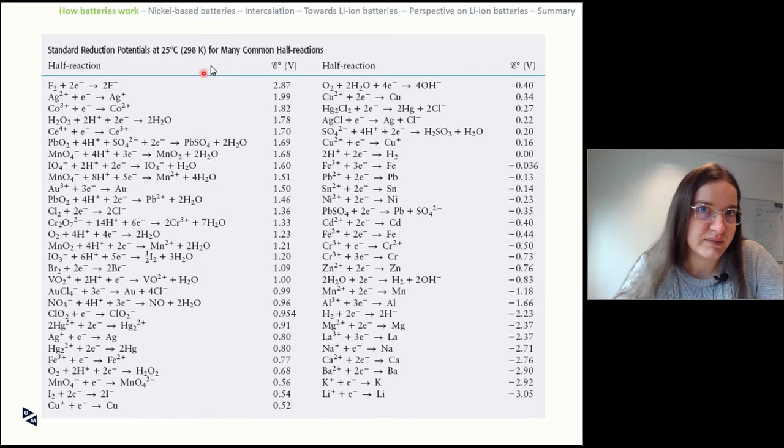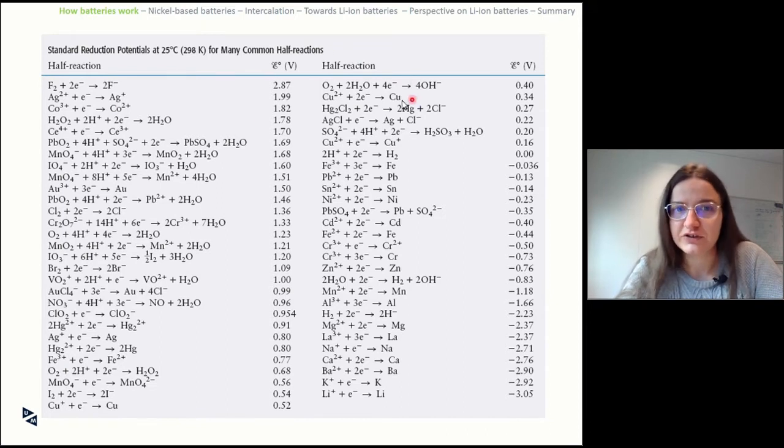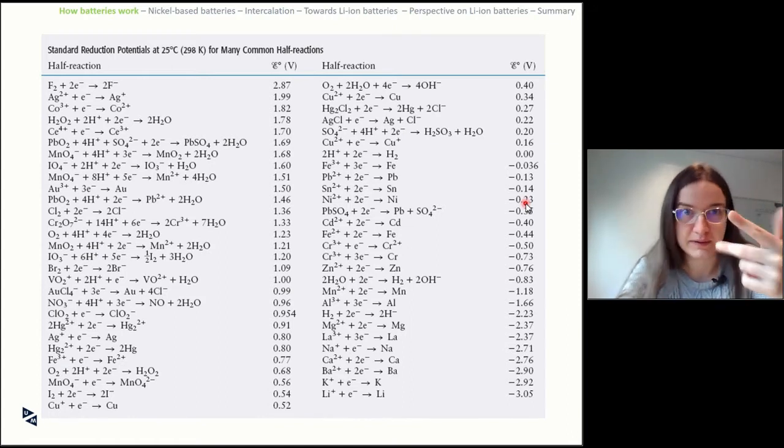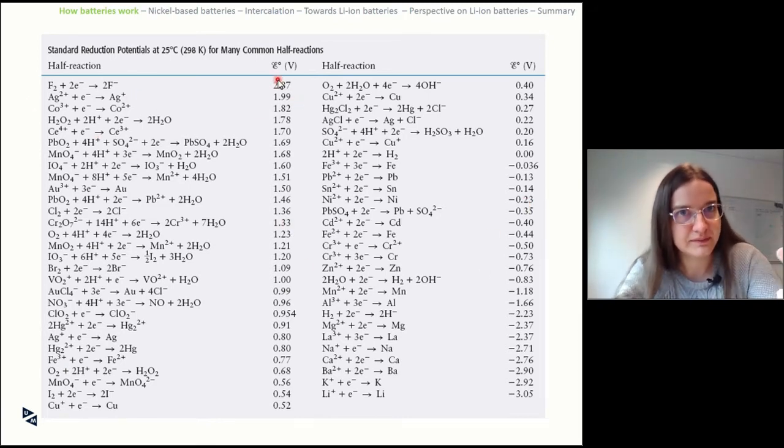Of course, remember, at a given temperature, and these are only half reactions because the other reaction is always supposed to be this one, which you can see is set as 0. And if you need the reverse reaction, so you need it as the oxidation, not the reduction, you just flip the half reaction, and you flip the sign.